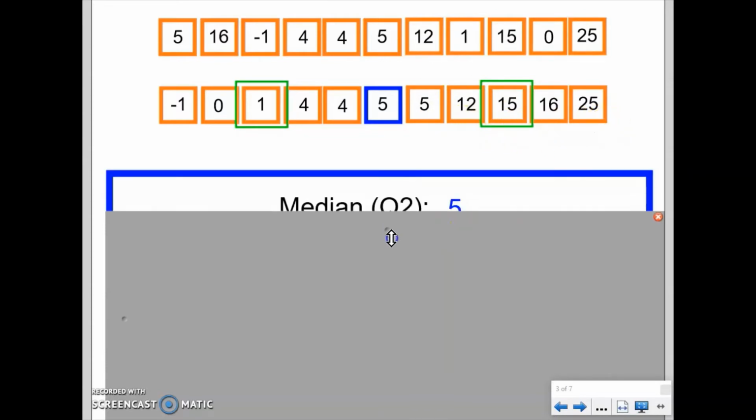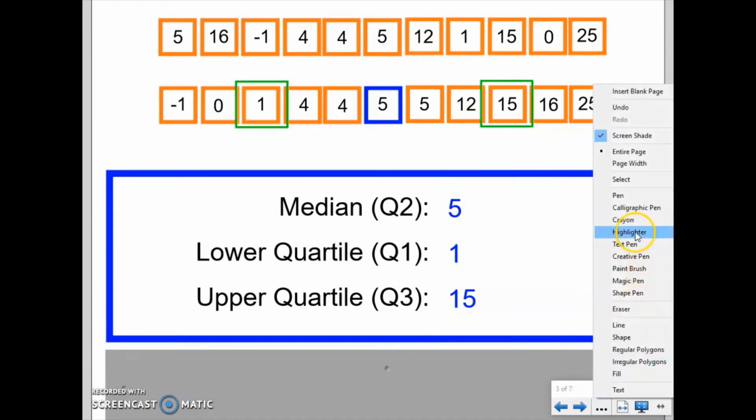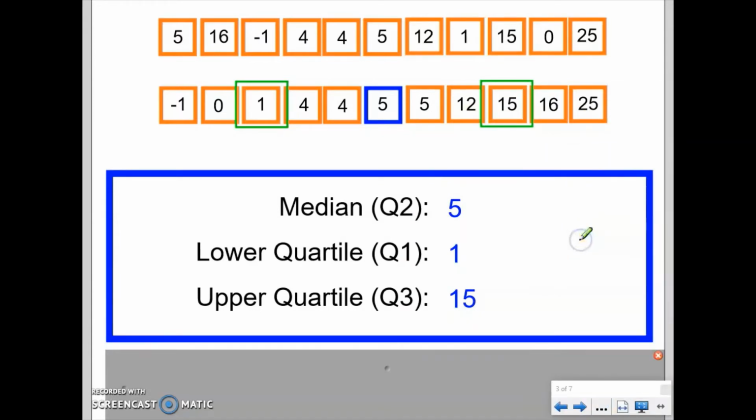So what we have so far is this. We've worked out that the median, Q2, is 5. We put the data in order and we found the middle value. Because we have a true middle number, one middle number, then we ignore that from the next step in our method.